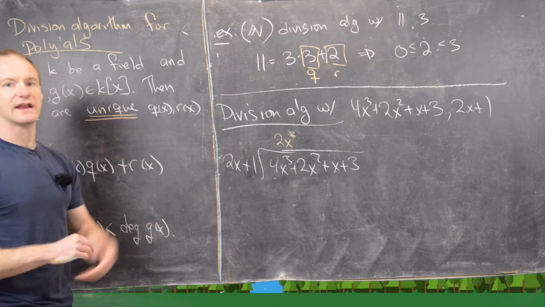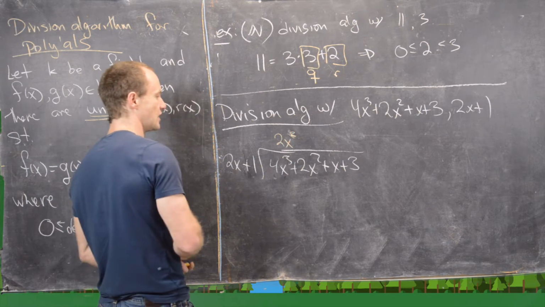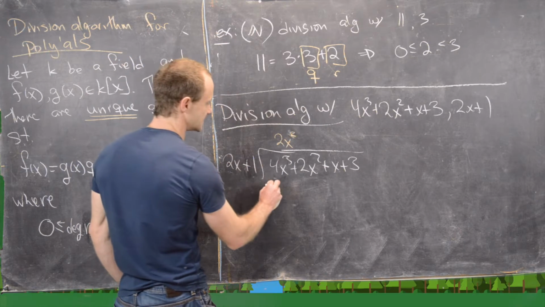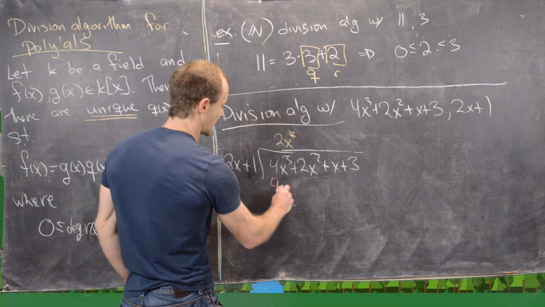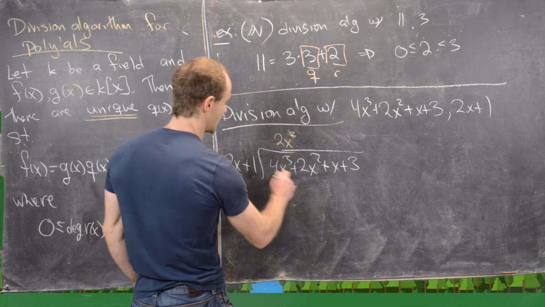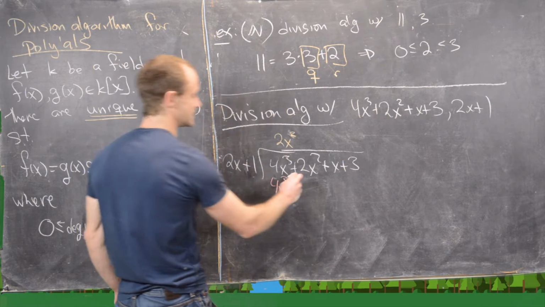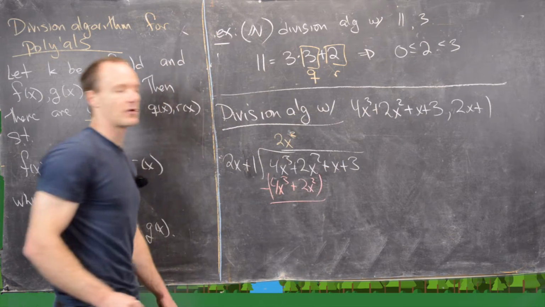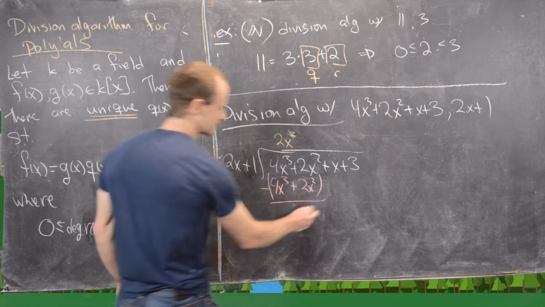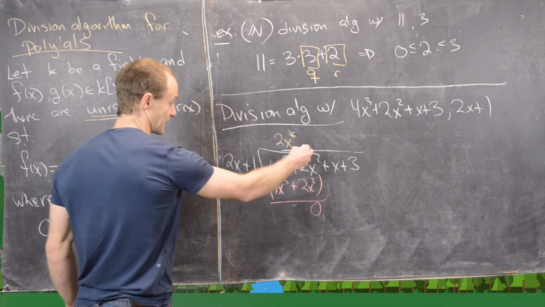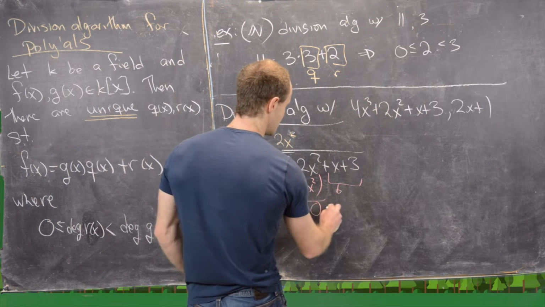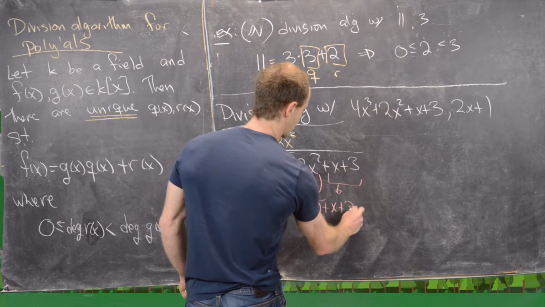So that's going to get the leading terms to match up. If we multiply this onto both of these, we're going to get 4x cubed plus 2x squared. And now we need to subtract this whole thing. That's going to give us 0 as we subtract. Now we bring this down, which gives us plus x plus 3.